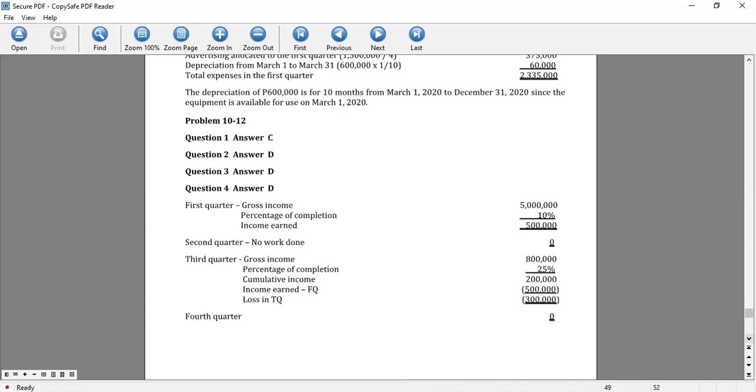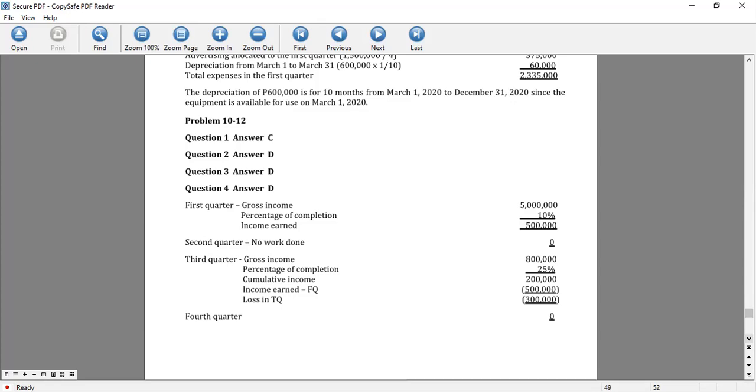No work was performed in the second and fourth quarters. That's the main reason why in the second quarter the percentage of completion is retained at 10%, and at the end of the fourth quarter it's still 25%, just like that of the third quarter.